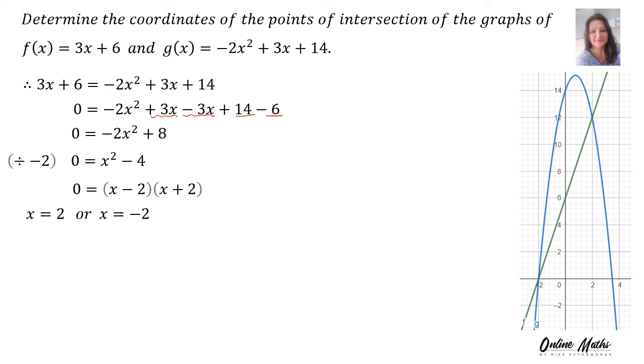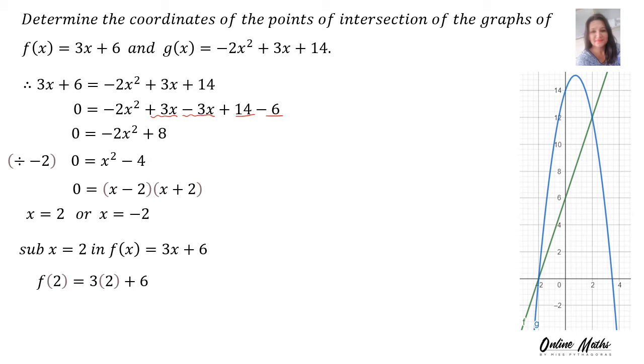Now to get the corresponding y value, you will take x is equal to 2 and you will substitute it into the straight line. Therefore, f of x is equal to 3x plus 6. In x's place, I substitute 2.